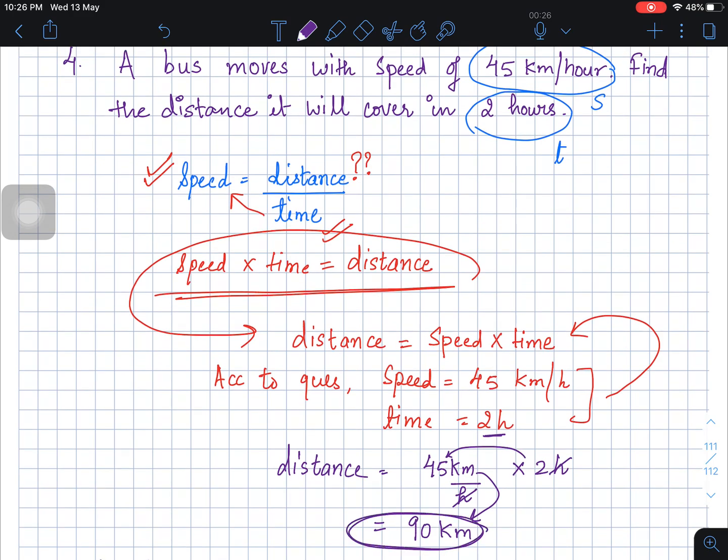So the distance becomes 90 kilometer. The bus will be covering 90 kilometers with a speed of 45 kilometer per hour in 2 hours.